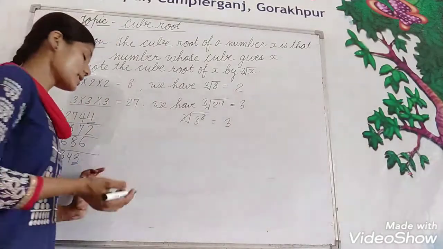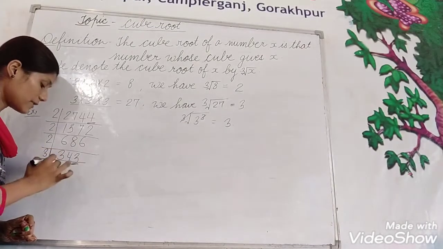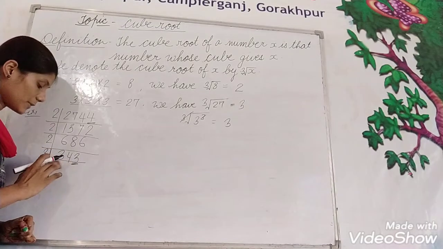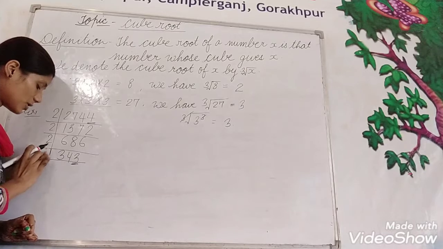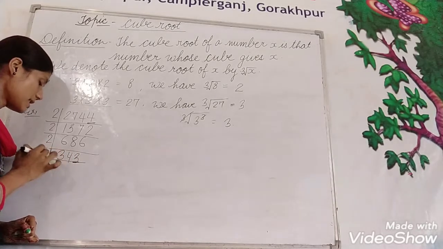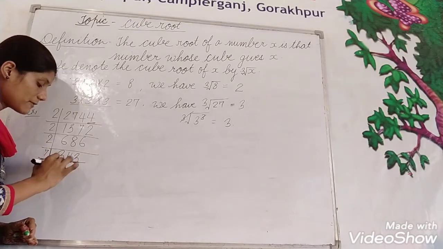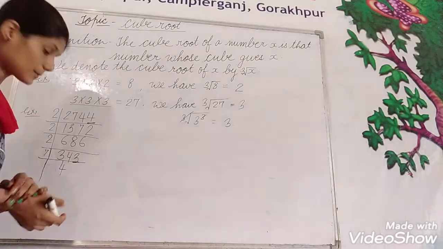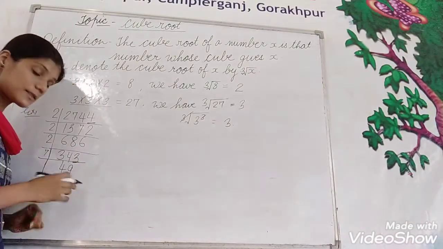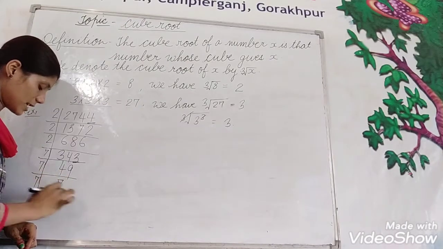Here we get an odd number. That means this number is divisible by an odd number. 3? 3 ones are 3. No, 3 not. This number is divisible by 7. 7 4s are 28 and 7 9s are 63. Again 7 7s are 49.